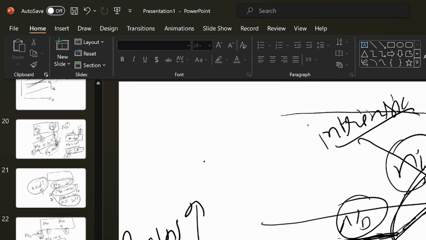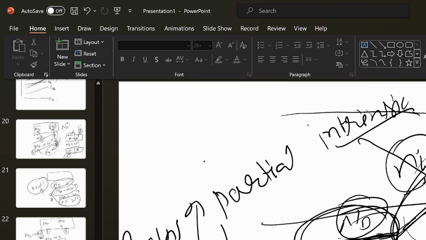At these moderate temperatures, all the donor atoms are ionized, and in this region there is partial ionization.